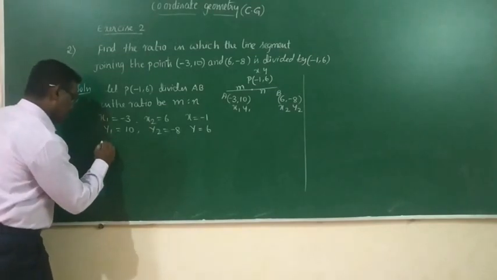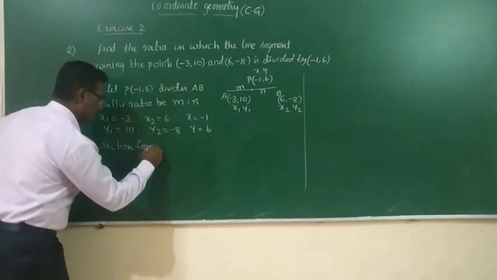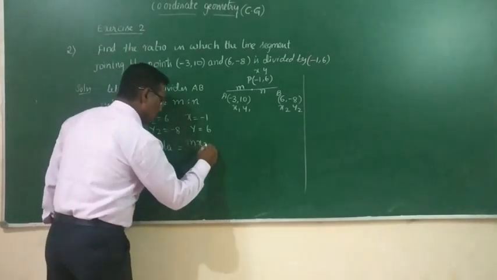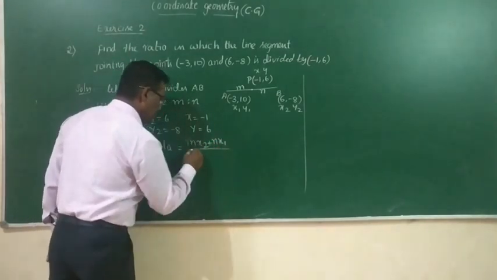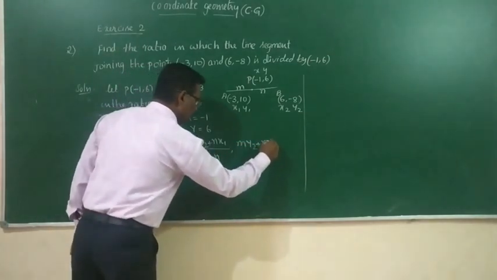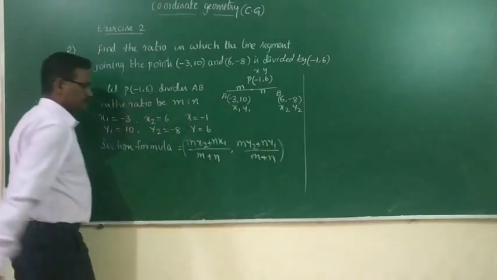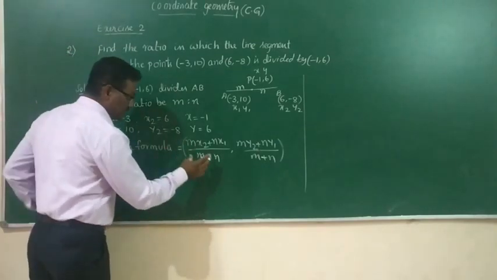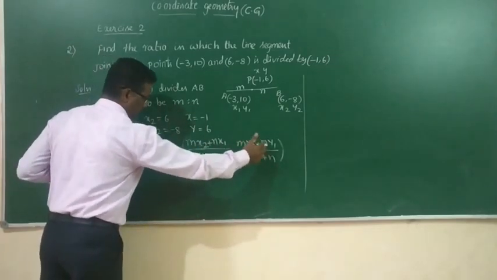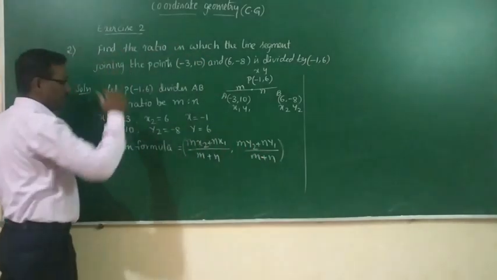Therefore, section formula: mx2 plus nx1 by m plus n, my2 plus ny1 by m plus n. Which is the x coordinate of section point? mx2 plus nx1 by m plus n. Y coordinate of section point here. Either we can use this or we can use this for finding the ratio.